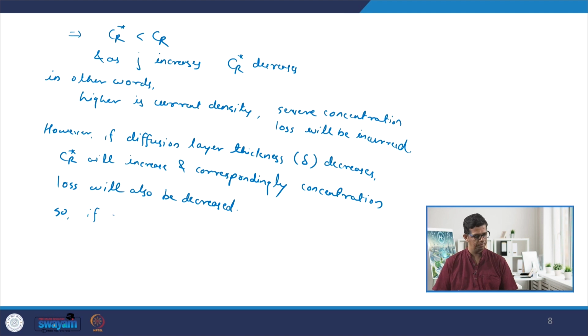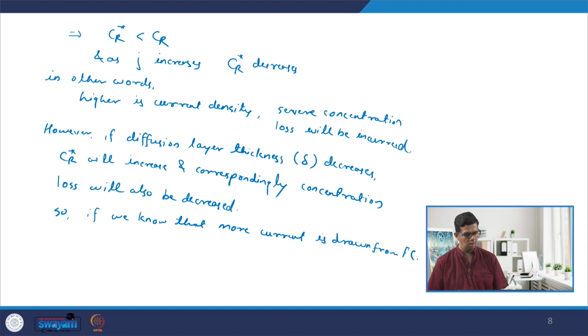So, if we know that more and more current is drawn from the fuel cell, what does it imply? It implies that the surface concentration will be almost 0. Why will the surface concentration be 0?